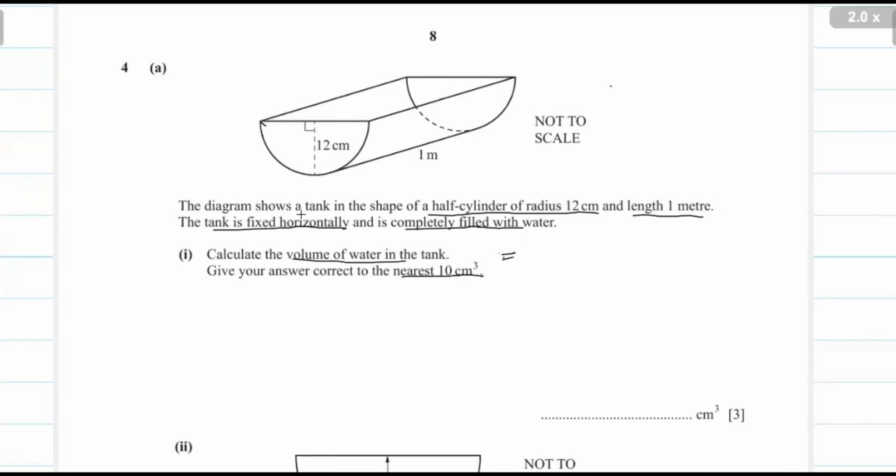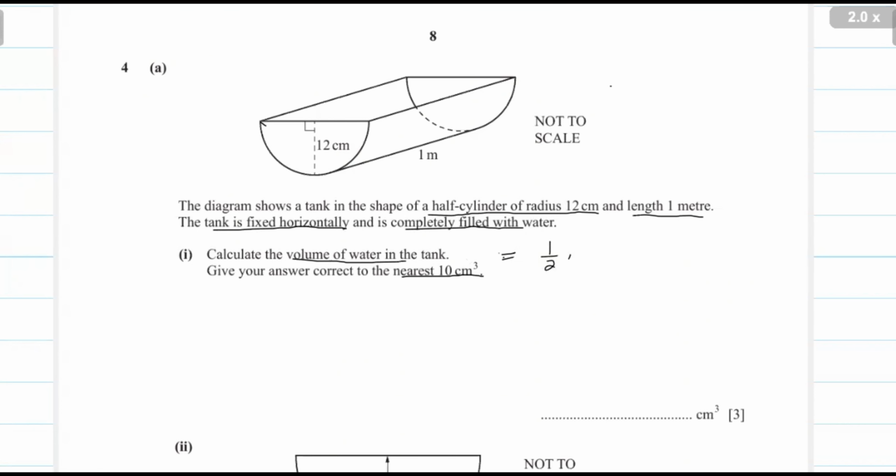Question 4, part A. The diagram shows a tank in the shape of a half cylinder with radius 12 centimeters and length 1 meter. The tank is fixed horizontally and completely filled with water. Calculate the volume of water in the tank. Look here, the tank is half filled. Therefore, the volume of water will be equal to half of the volume of a cylinder.